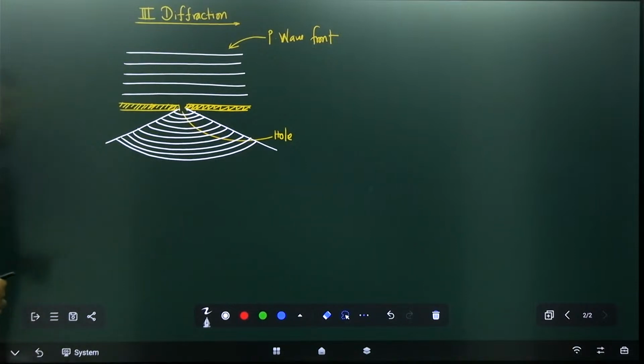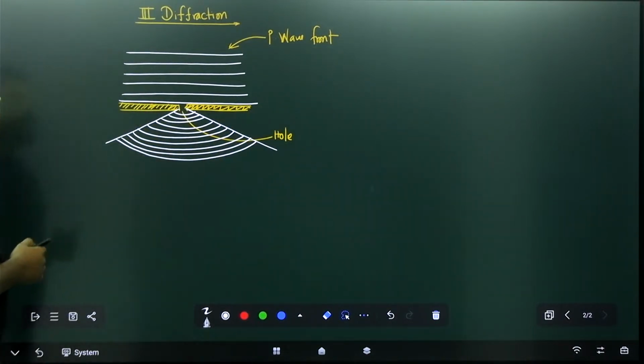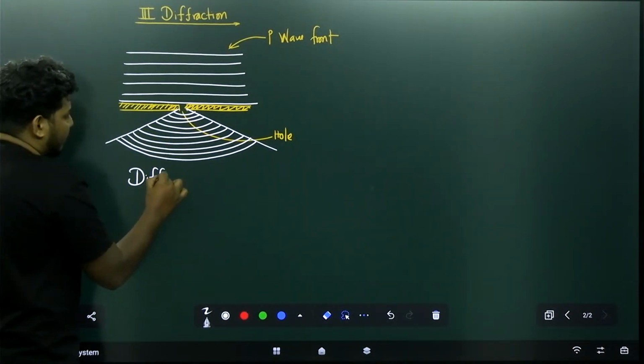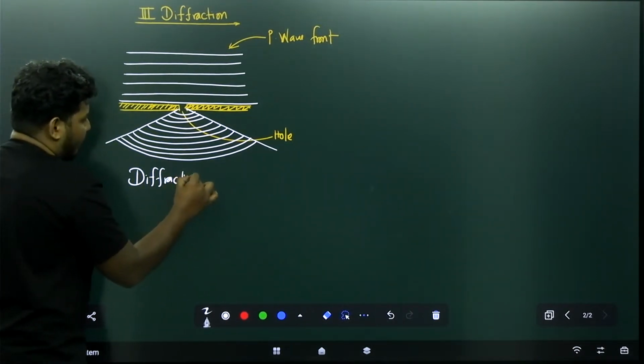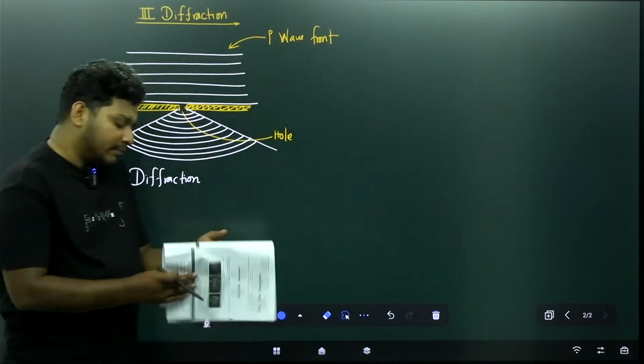This is how it's happening. Okay, right. This is known as diffraction. So let's go to the next one.